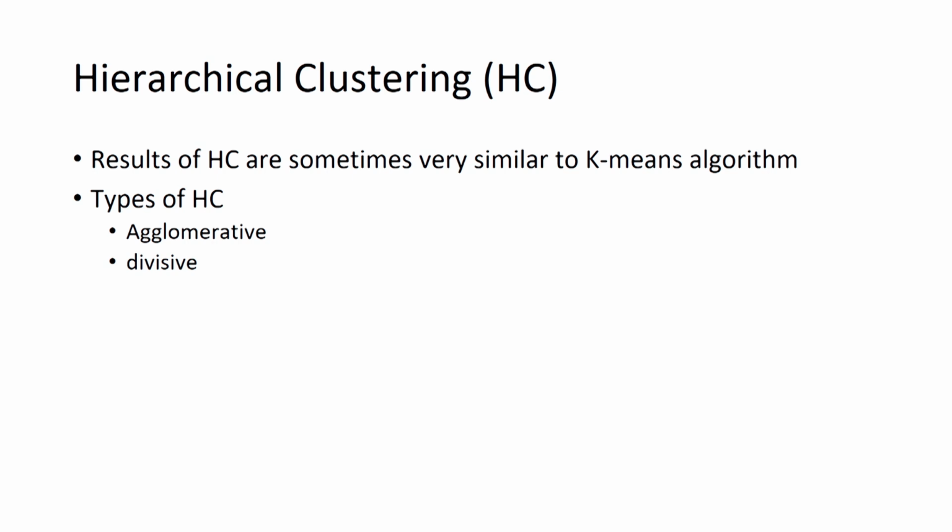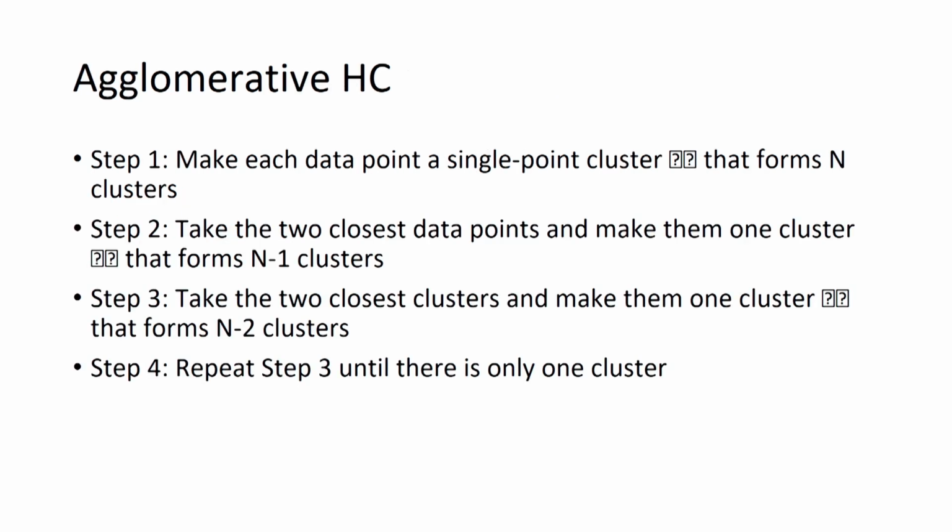There are two types of hierarchical clustering. First is agglomerative hierarchical clustering and another is divisive hierarchical clustering. So, let us start with agglomerative hierarchical clustering.